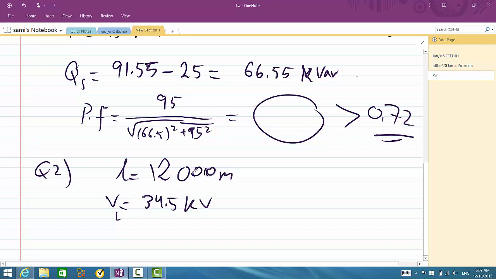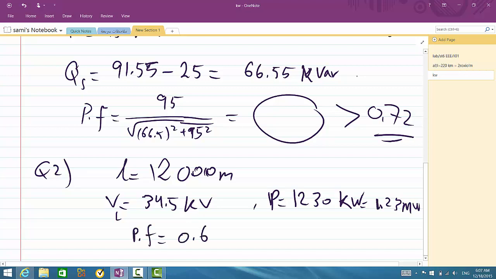The active power drawn by the plant is 1230 kilowatt, or 1.23 megawatt. The power factor of the plant is 0.66 lagging.